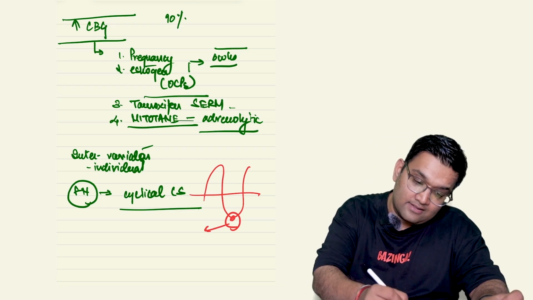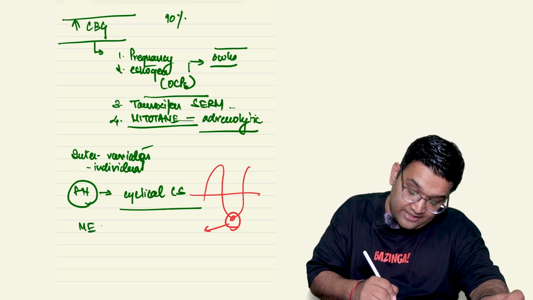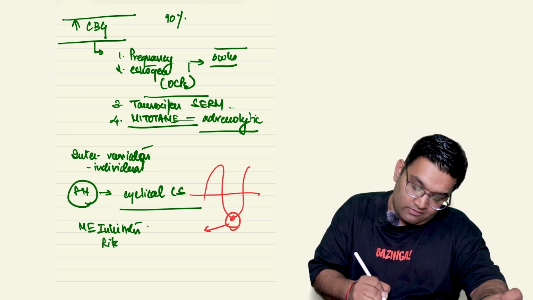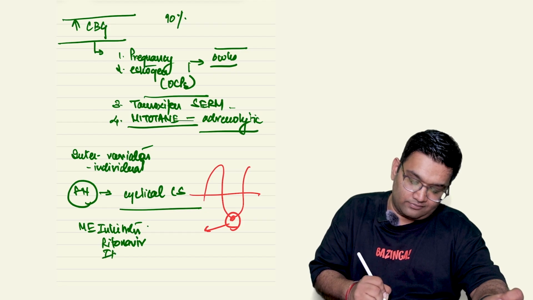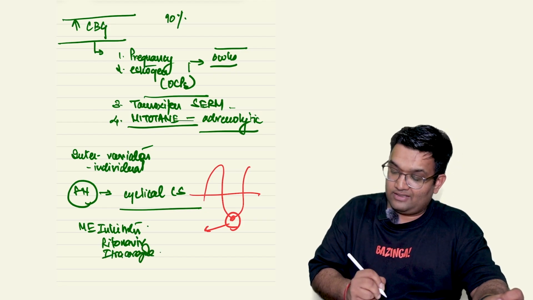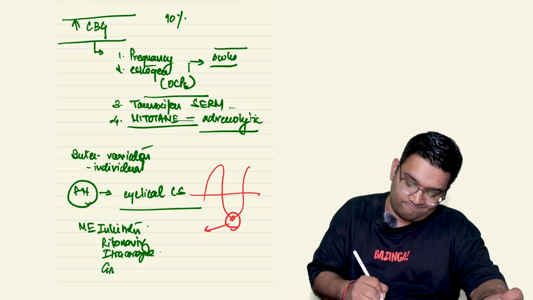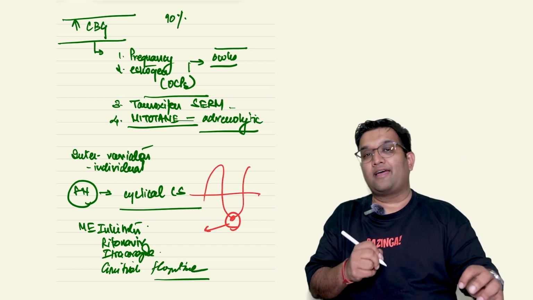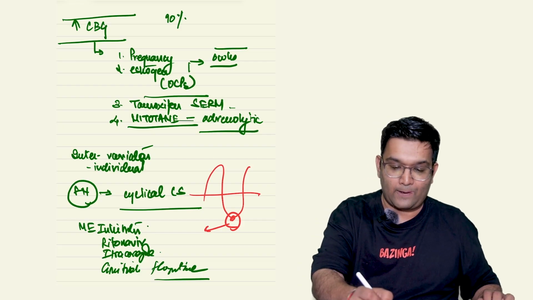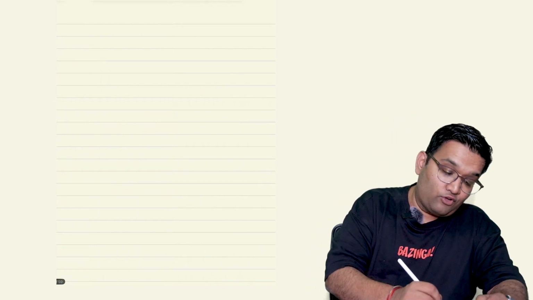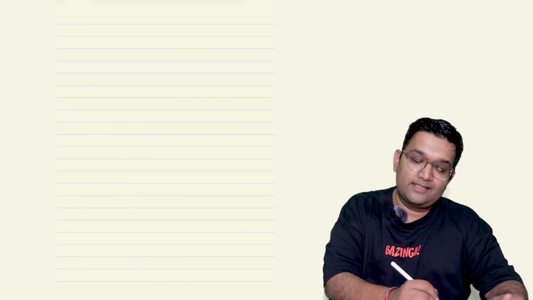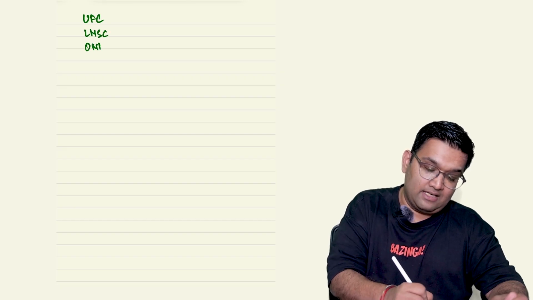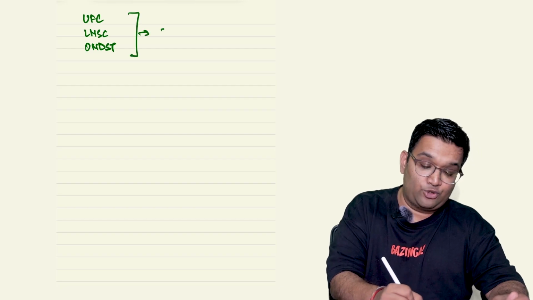Then there are microsomal enzyme inhibitors such as ritonavir, itraconazole, or cimetidine, fluoxetine. If these are present, they can cause false negatives. And what we need to understand about the screening tests is that among the UFC, LNSC and the ONDST, at least 2 of them should be positive.